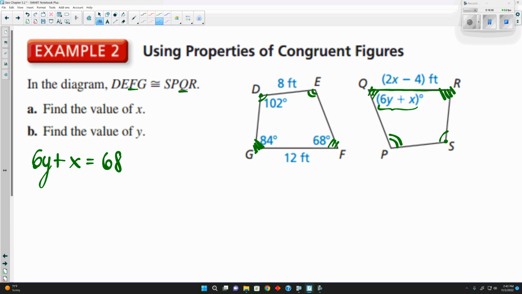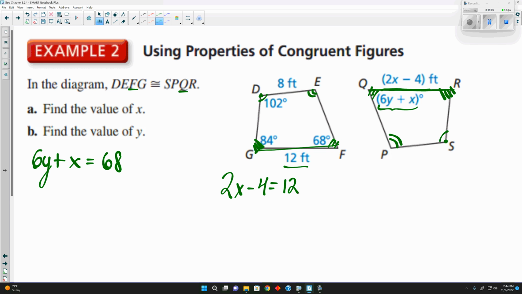Now, this side here, QR, what does it match up with? FG or GF, yes? And what's GF's measure? So what do we know about 2x minus 4? So we can set 2x minus 4 equal to, well, this one here has only one variable.